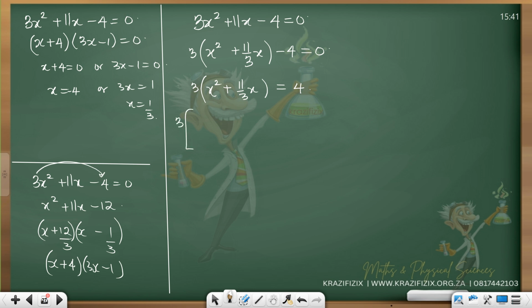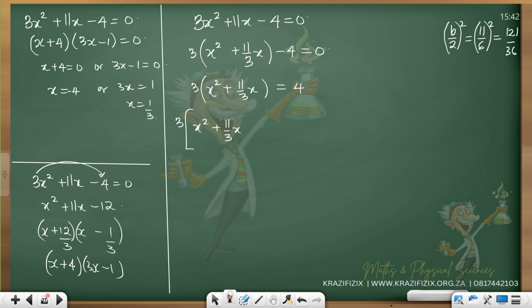Remember, open that bracket for me. x squared plus 11 over 3 x. Now what is our b again? Remember we said b over 2. That's what we are looking for. Our b is 11 over 3, divided by 2 would give us 11 over 6, which squared is 121 over 36. I hope that makes sense.